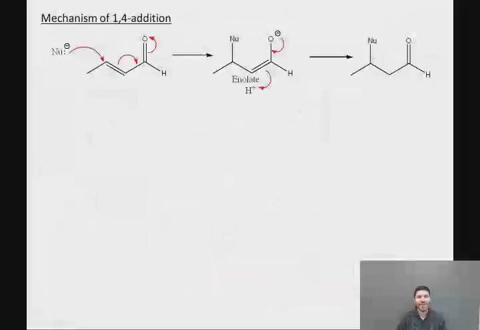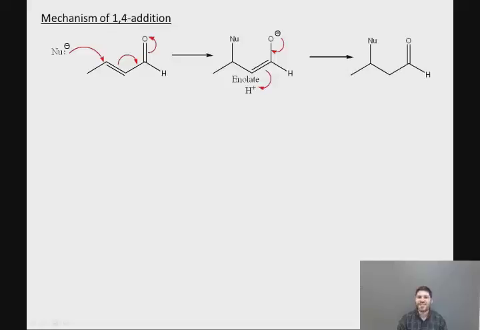For the mechanism of the 1,4 addition, we have the nucleophile attacking the beta carbon. The carbon-carbon pi bond moves over to form a pi bond between the alpha carbon and the carbonyl carbon. And then, of course, we break the C=O pi bond and put the electrons onto the oxygen.